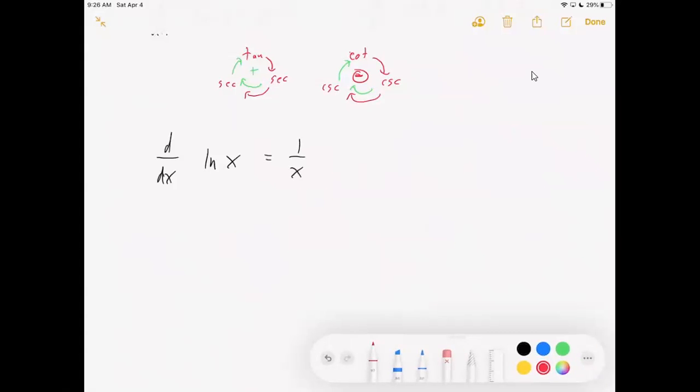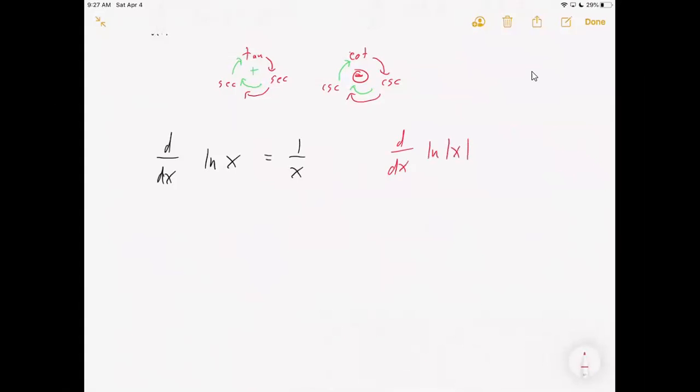Now it's an aside, when we get to integration, I could have written that, and that is also 1 over x, and that's important because when we get to antiderivatives, we will be able to go back and we will want to use ln of absolute value of x as our antiderivative. Okay, another one.